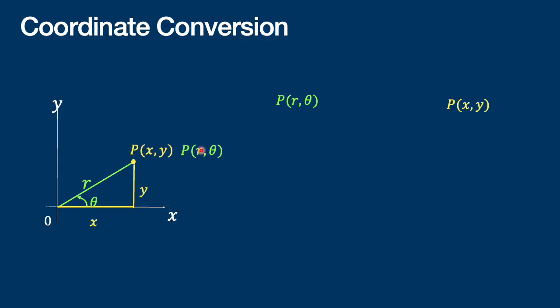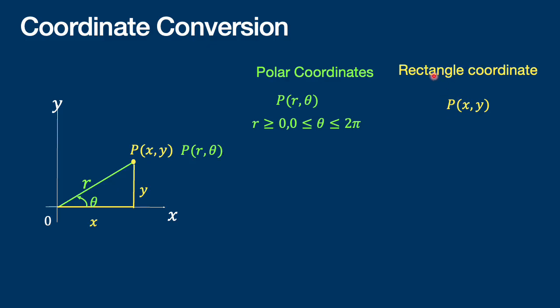The other P is r and theta, that's the polar coordinate. r is the distance from 0 to P. Theta is the angle. x is the x coordinate. y is the y coordinate. For the polar coordinate, r and theta, r has the restriction of being positive or 0. Theta is one cycle. The right side is the rectangular coordinate, x and y.